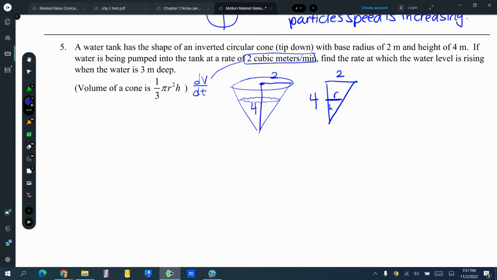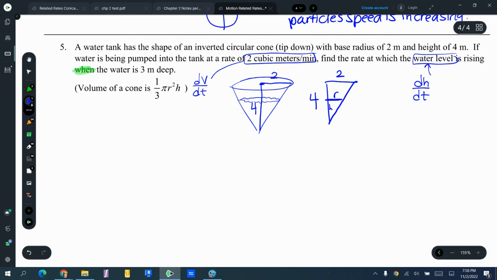Find the rate at which the water level is rising. So the rate for the water level is talking about dH/dt according to my diagram. And it says when the water is 3 meters deep. So that's our evaluation piece, which we'll get to.